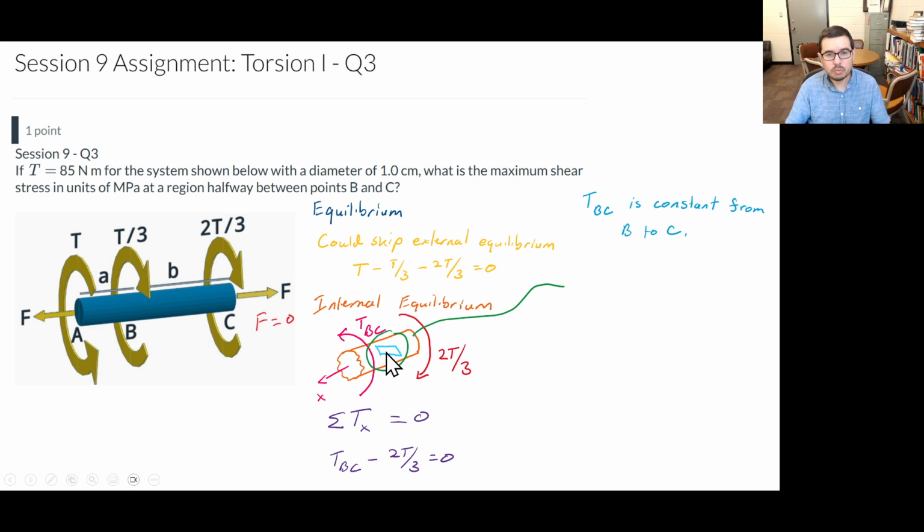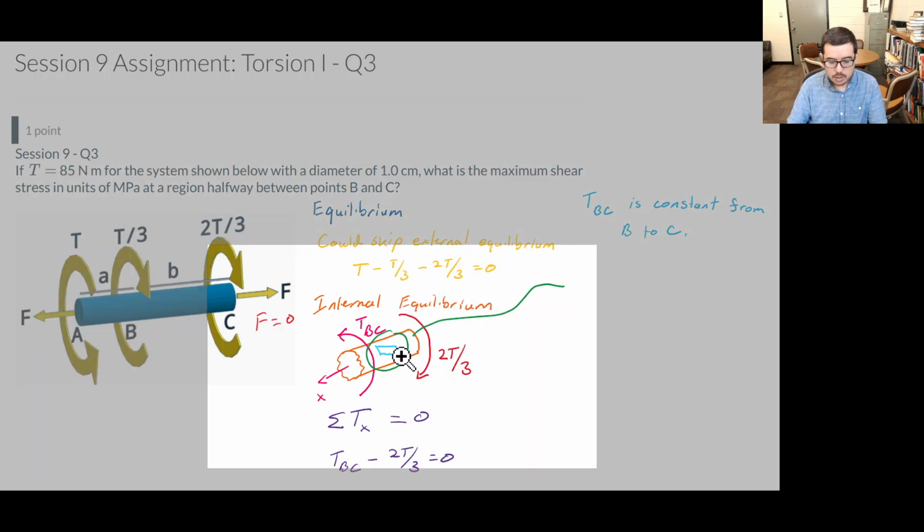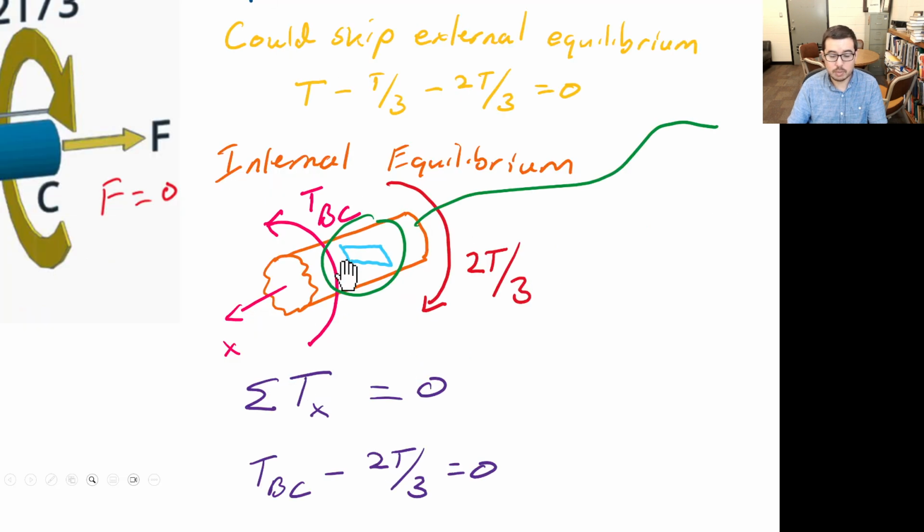But for now, let's just say there's a torque being applied internally this way, TBC. So the left side of this element is going to be moving a little bit more upward, and the right side of the element is going to be moving a little bit more downward.